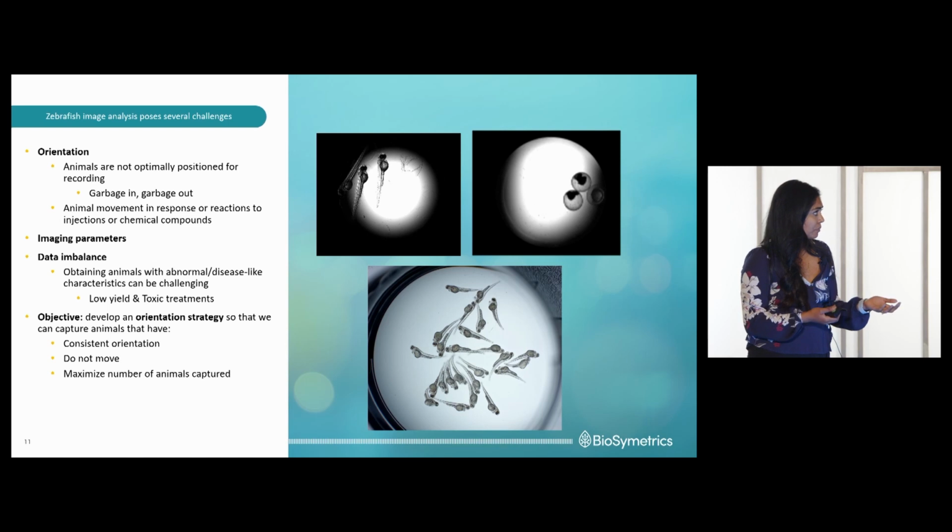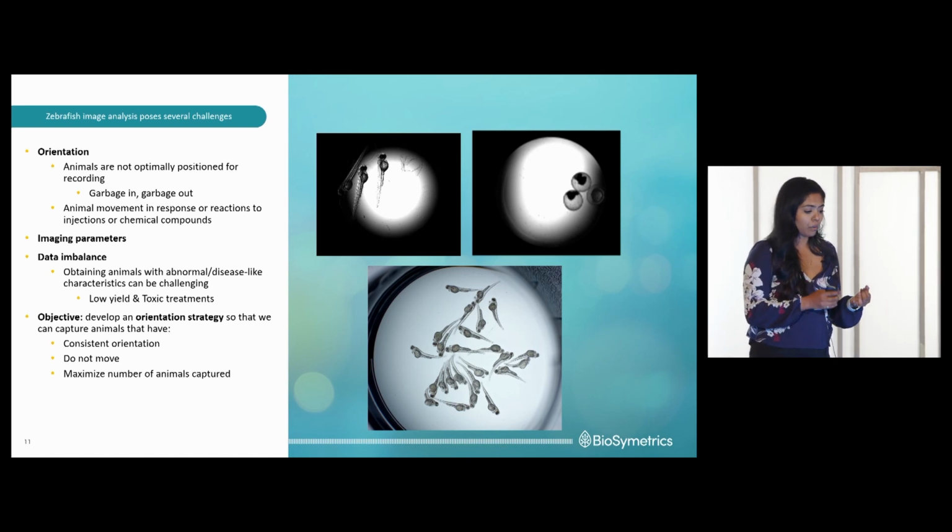So again, any type of response, so if the animal is injected with some sort of injection, or if there's a chemical compound inside that well, the animal might move in response to that, causing orientation issues. And there's also a large data imbalance.